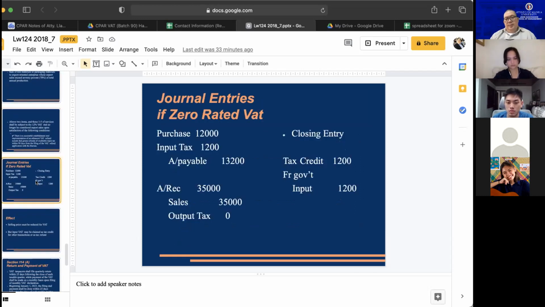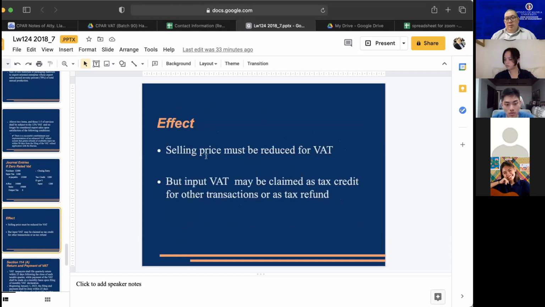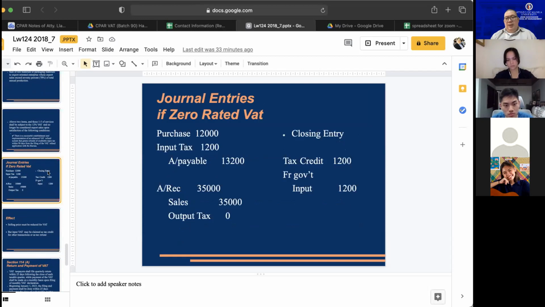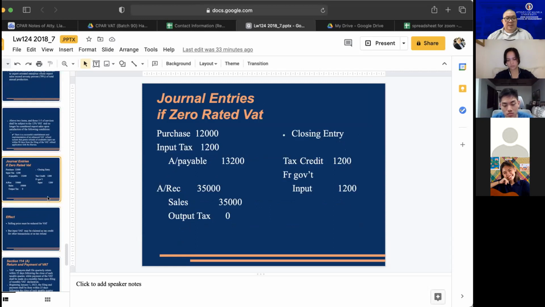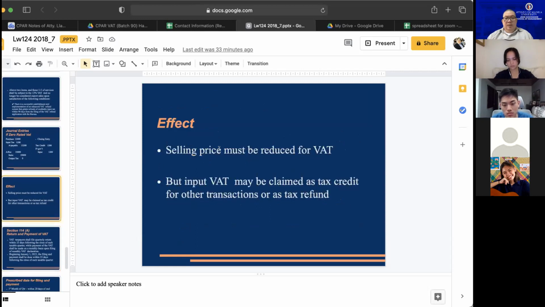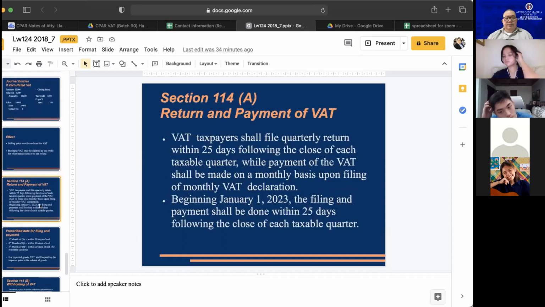Ito yung journal entry. If you choose tax credit, you put that as a receivable from the government. The input, ito yan. And these were numbers made when VAT was still 10%, I think. Now it's higher. Okay. Selling price is reduced for VAT. Input can be claimed as tax credit or as tax refund. Okay.